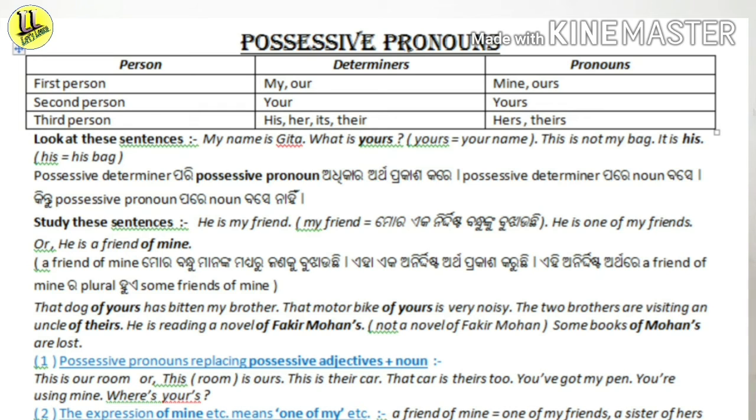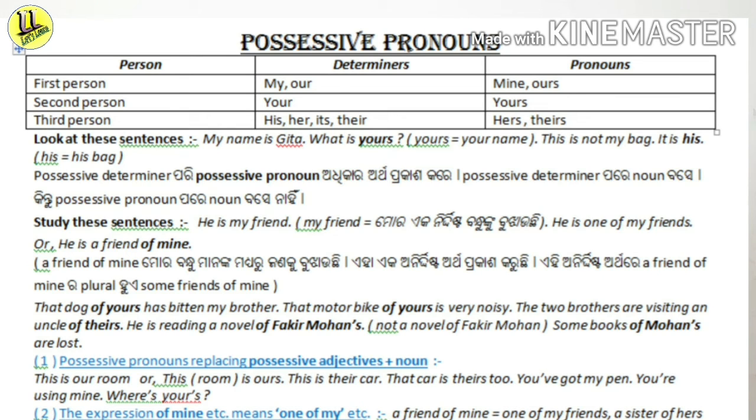Now look at the examples. My name is Geeta. What is yours? Here yours means your name. Another example is, this is not my bag. It is his. His means his bag. Now you see another example. He is my friend.